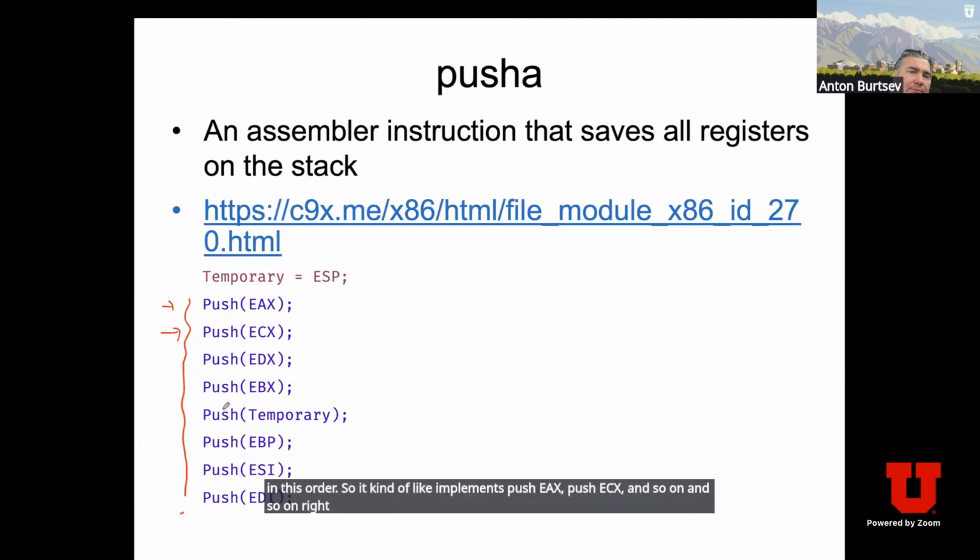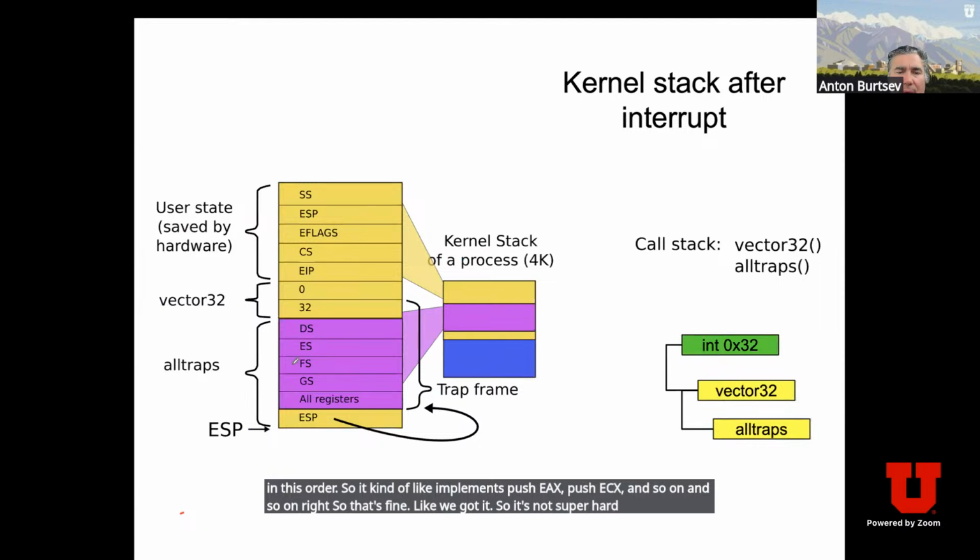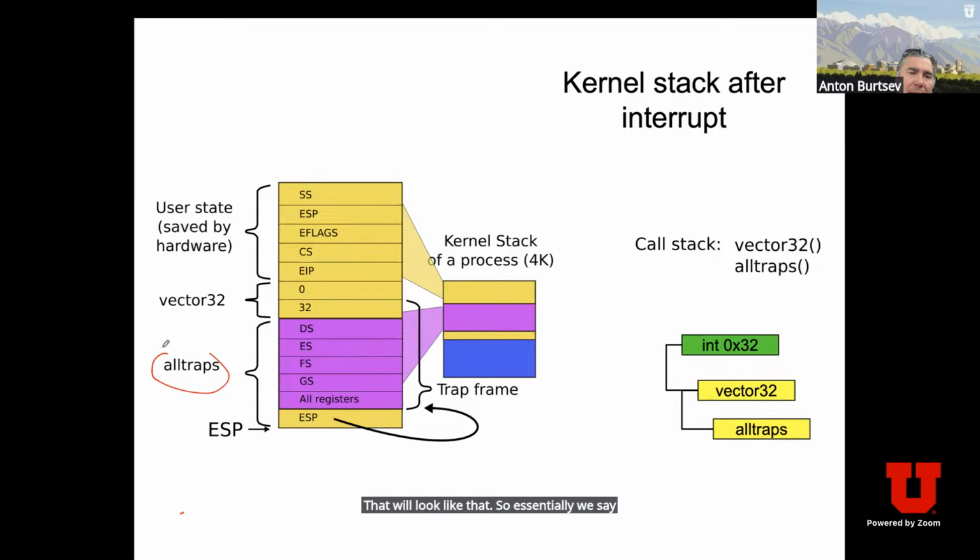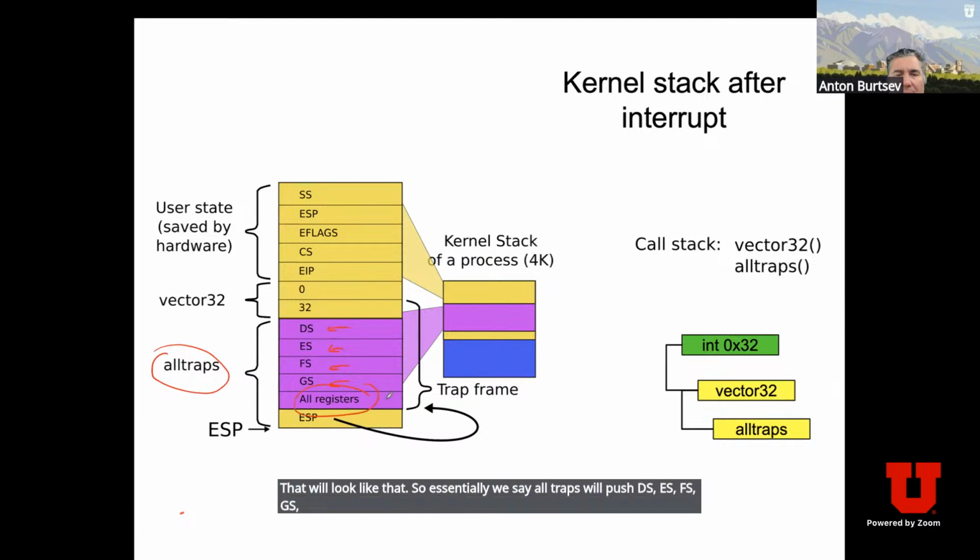So that's fine. We got it. It's not super hard. So our stack after that will look like this. Essentially, alltraps will push DS, ES, FS, GS, and all general registers with the pushal instruction, right? Make sense? That's the layout of the stack right now.